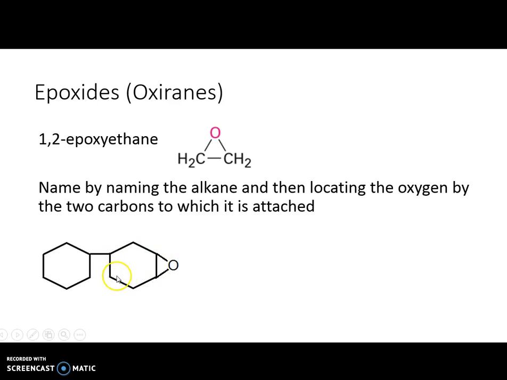If I go in the other direction, it gives this group a 5. So I'm going to go this direction. That gives us 1,2-epoxycyclohexane, and then the cyclohexyl substituent is on the number 4 carbon, so it's 4-cyclohexyl.